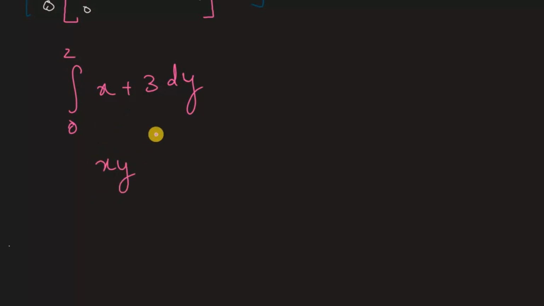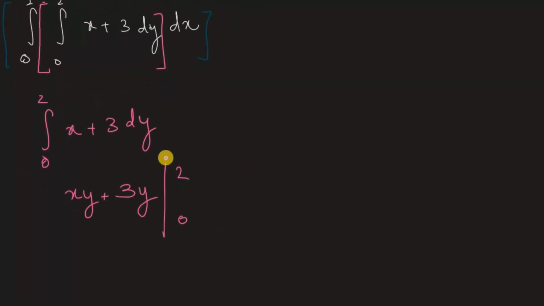We're going to put a y in front of x, because this is how we do integration with multivariable. The 3 is a constant as well, so we put a y next to it, and then from 2 to 0. We're going to solve it in a minute.